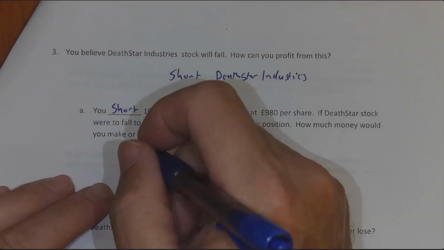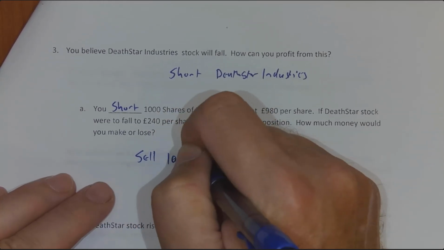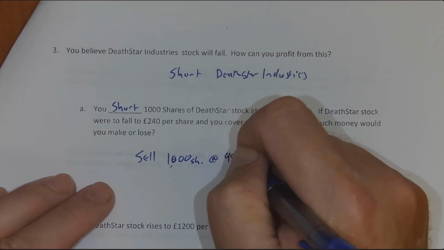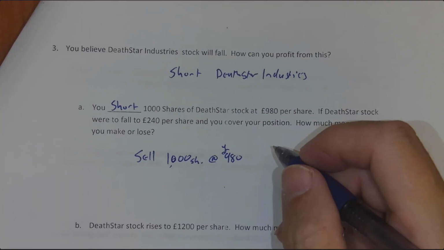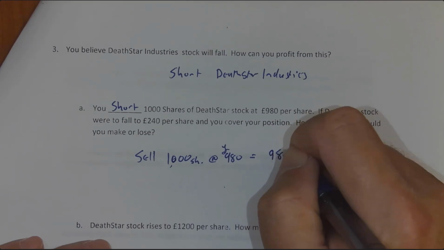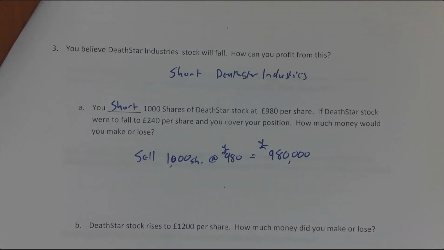So what we do right now is we sell 1,000 shares at 980 pounds, and that's going to give us 980,000 pounds. That's going into our account right now. We borrowed some stock and we sold it. Now at some point we have to return the shares we bought.